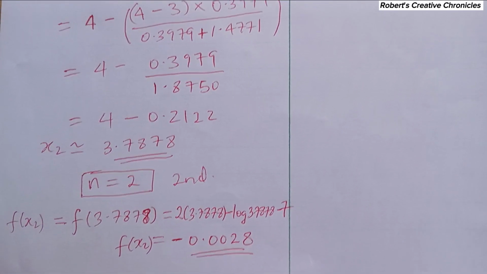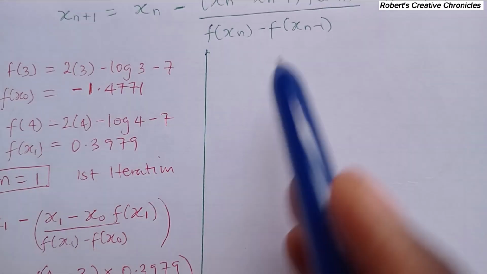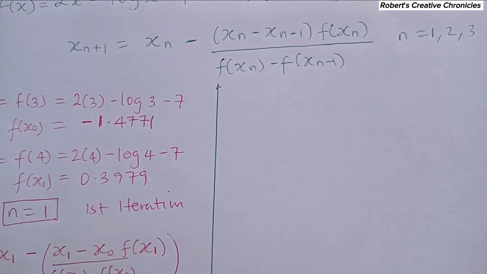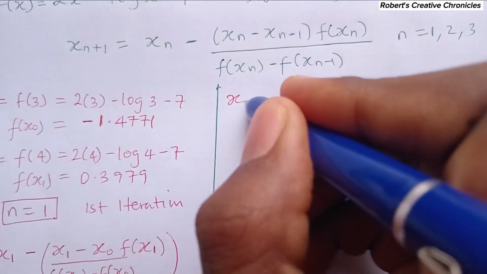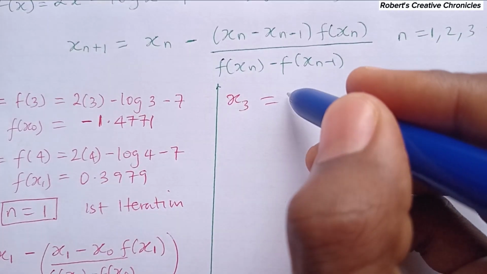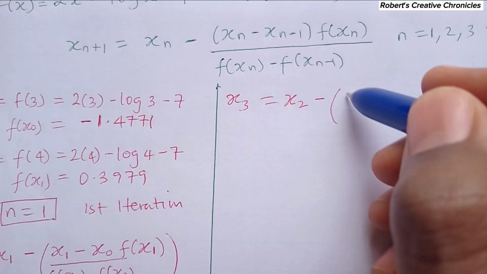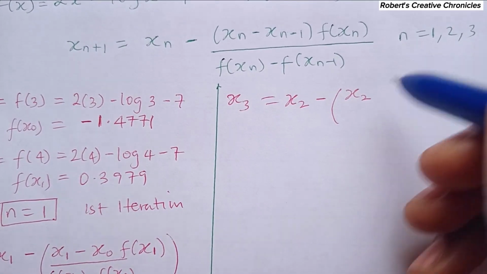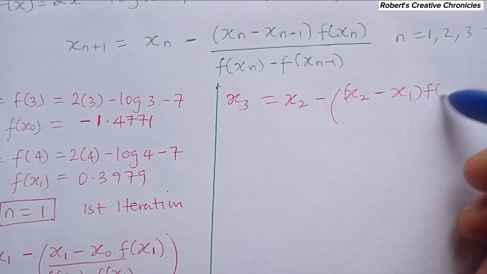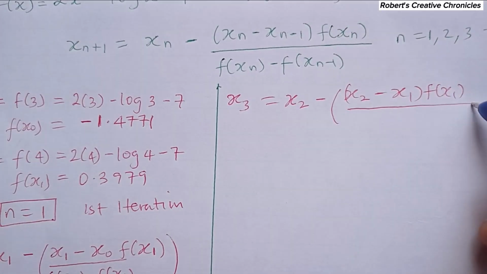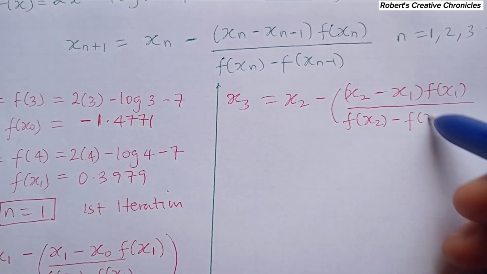So now we can express this formula. When we substitute n equal to 2 in the original equation, it will be 2 plus 1, which is 3. So x3 is equal to what? x2 minus x2 also minus x1, then fx1, over fx2 minus fx1.